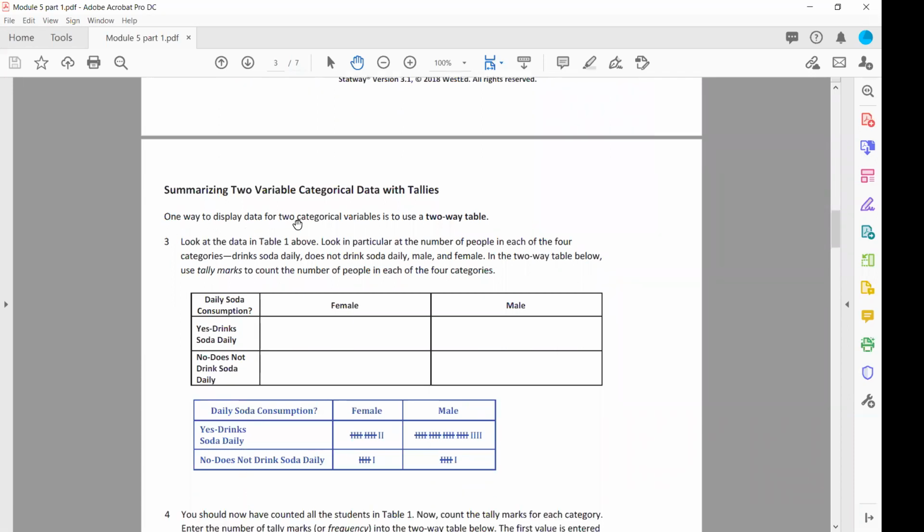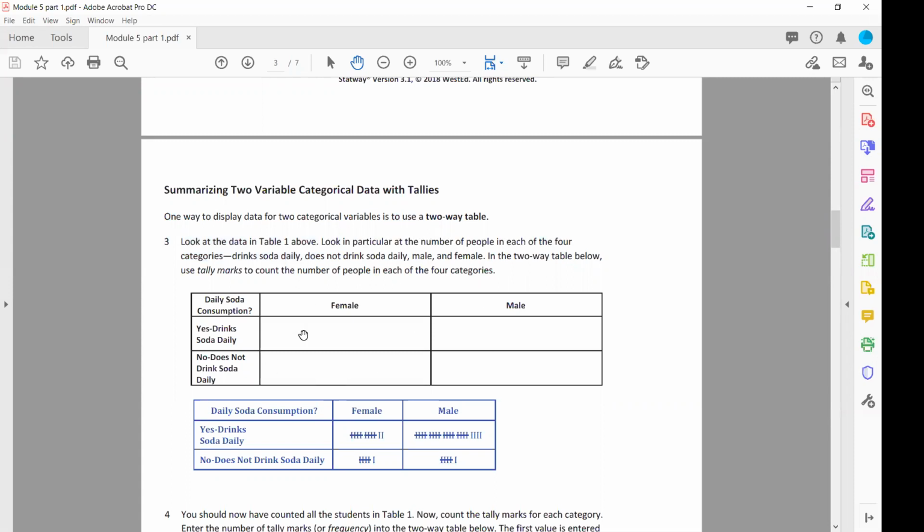One way to display data for two categorical variables is to use a two-way table. So how does it work? Look at the data in Table 1 above. Look in particular at the number of people in each of the 4 categories: drink soda daily, doesn't drink soda daily, male and female.